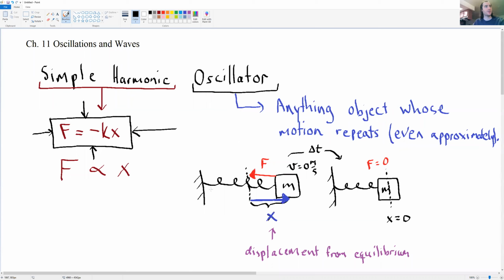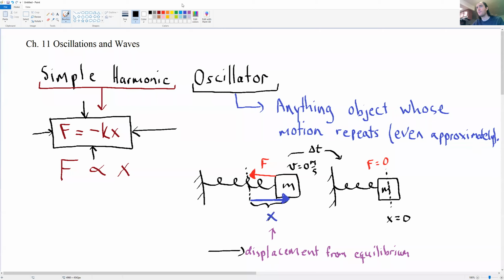Zero, right? Because we're at x equals 0 at equilibrium. So if x is 0, we're at equilibrium, and the force is proportional to x. So if x is 0, the force is 0. Good.